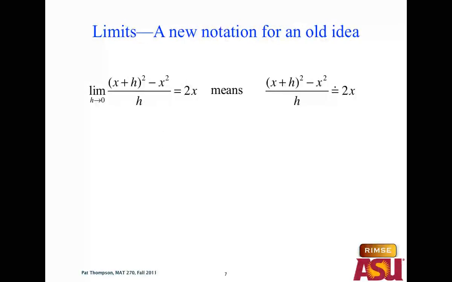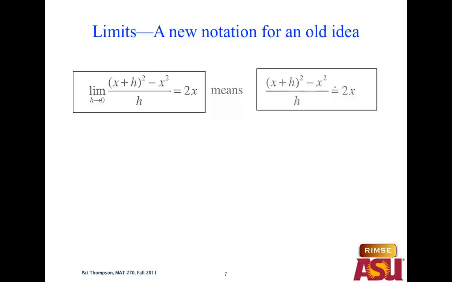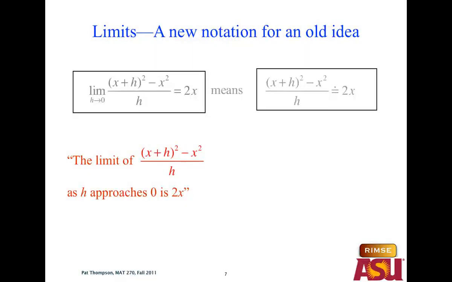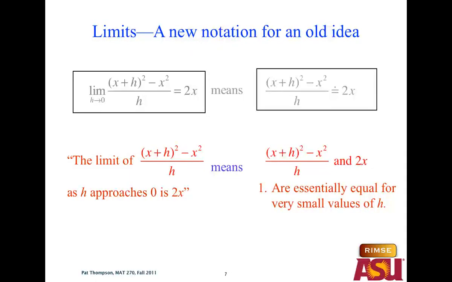Okay, and so how do we say that? The expression on the left, we say the limit of this ratio as h approaches 0 is 2x. Or you could say the limit as h approaches 0 of the ratio. Either way. And what does that mean? Again, just to review, it means that these two things are essentially equal for a very small value of h.